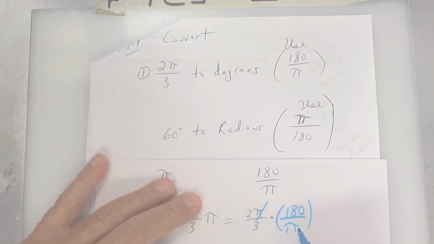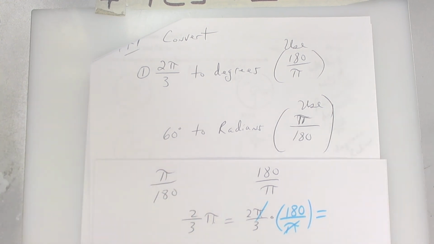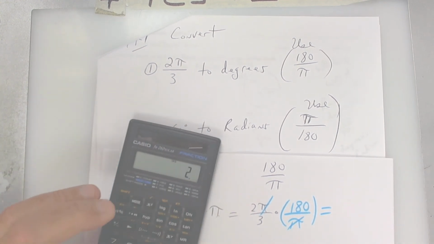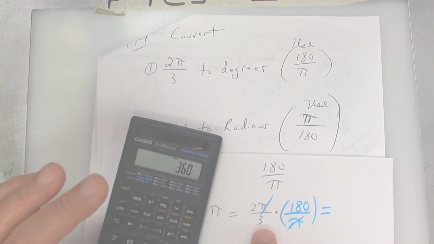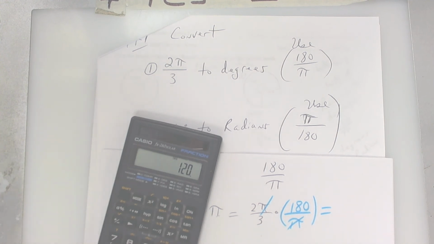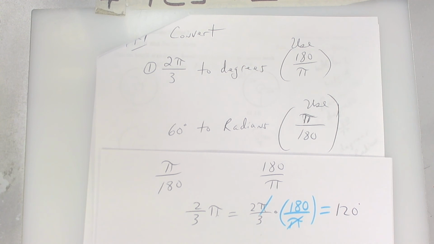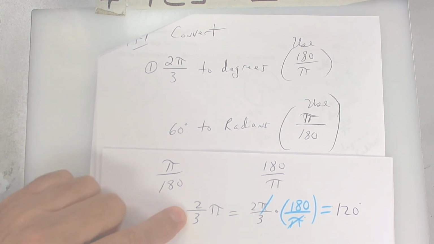And what happens is the pi's cancel. So now you're going to get 2 times 180. Press equals, and then divide by 3. So that gives you 120 degrees. So 120 degrees is the conversion of this radian measure.